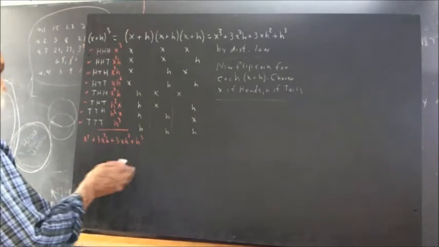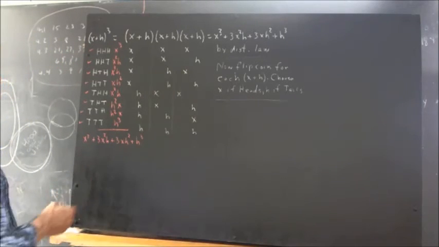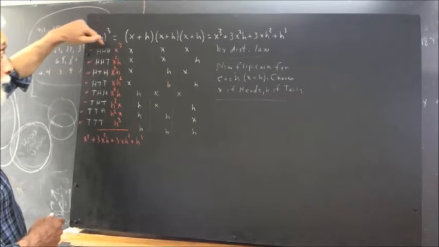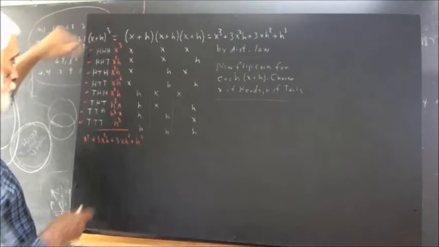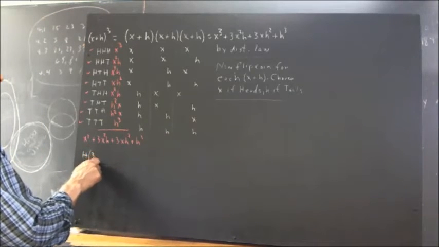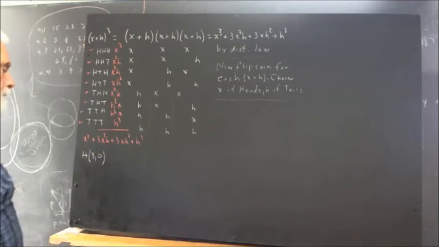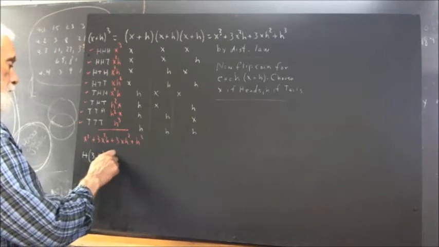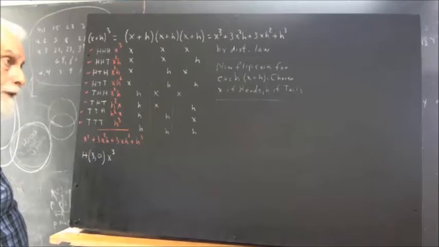Now remember that HHH is the number of ways we can get HHH, which is just 1, of course, is h of 3, 0, and that's of course 1, and that's how many x cubes we have.